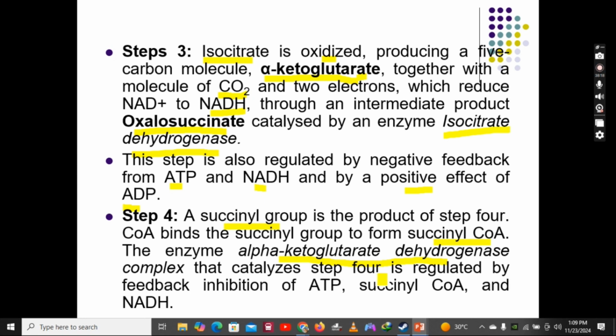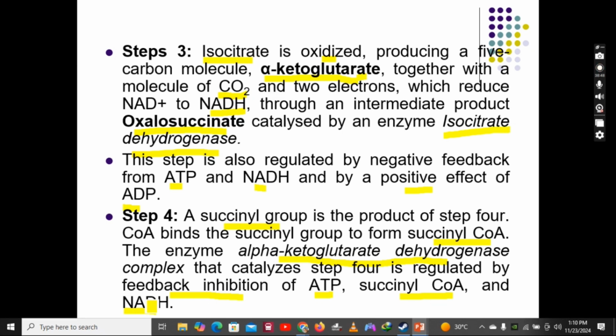This enzyme, alpha ketoglutarate dehydrogenase, is regulated by feedback inhibition of ATP, succinyl CoA, and also NADH. These are the 3 molecules that are able to regulate stage number 4.